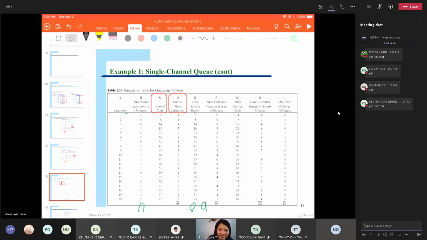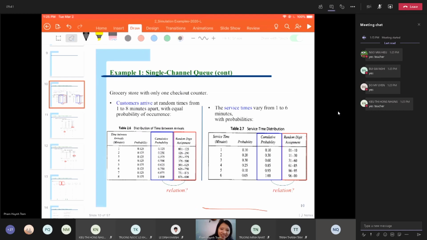So in order to simulate the arrival time of the customer or the service time for each customer, we use a random number technique. You still remember that one?